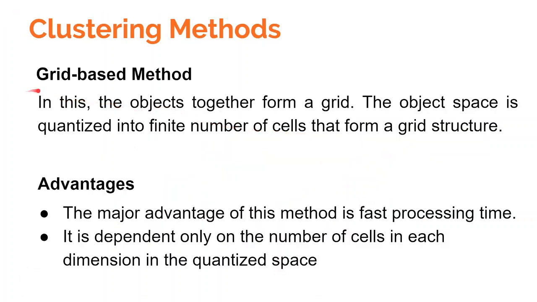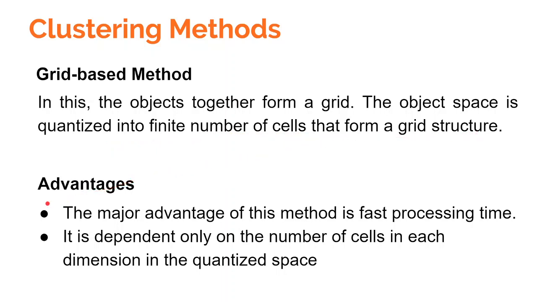Next clustering method is the grid-based method. In this method, the objects together form a grid. Grid simply means net. The object space is quantized into a finite number of cells that form a grid structure.